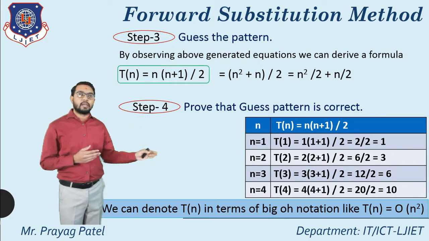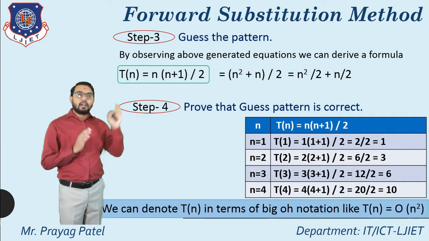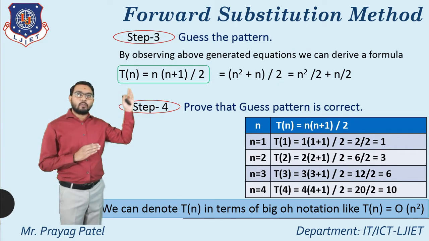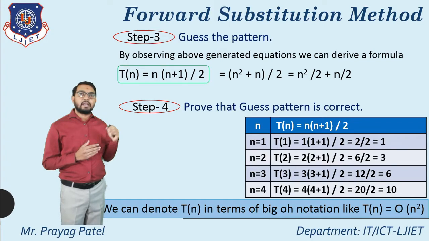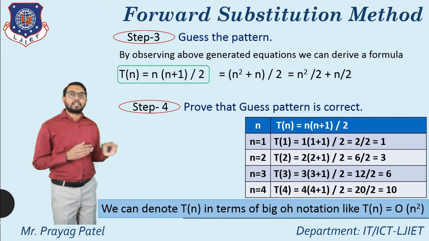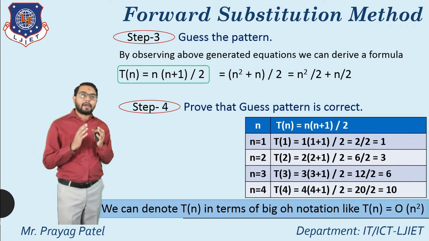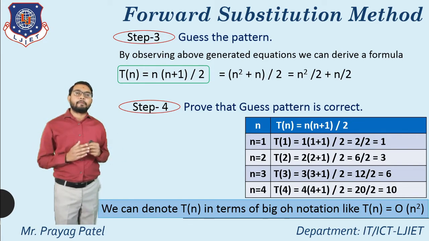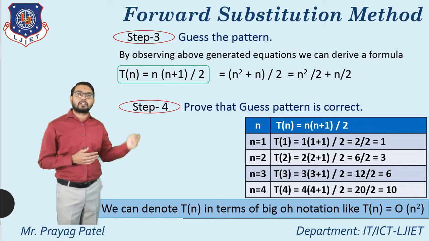So according to this table, our common formula T of n equals n times (n plus 1) divided by 2 is correct. So according to this, our final answer or complexity is T of n equals big O of n square for our given example.